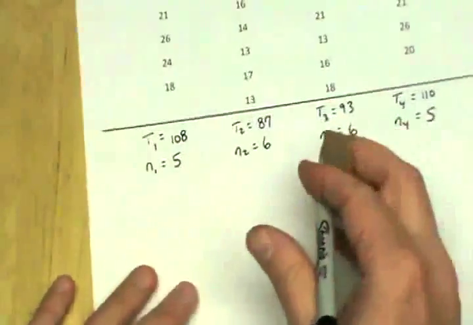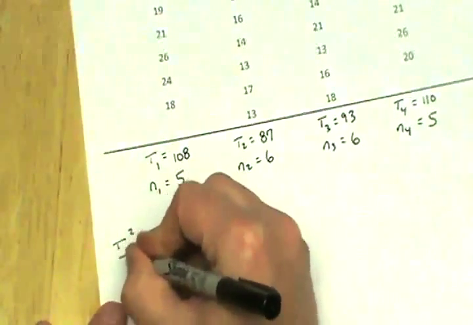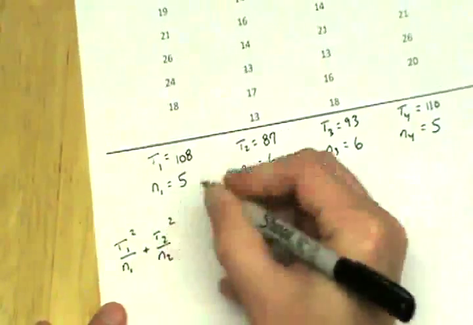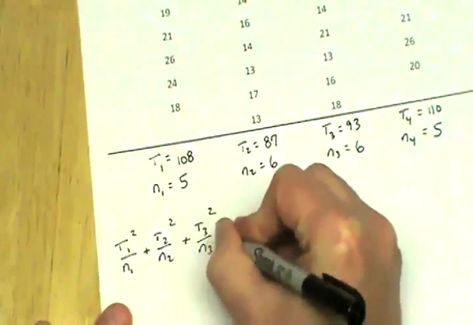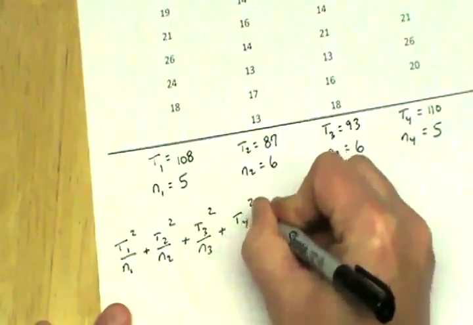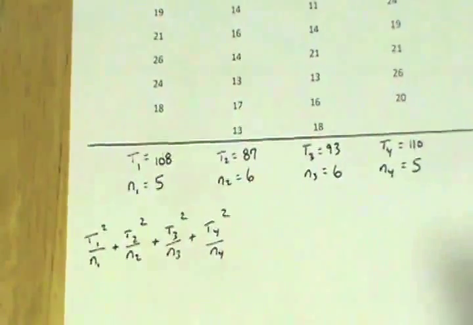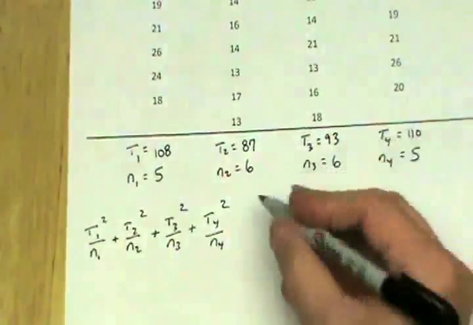To make our formulas a little easier, we want to find T1 squared over N1 plus T2 squared over N2 plus T3 squared over N3 and then T4 squared over N4. So we're going to square the totals and divide by the number in each one of those.